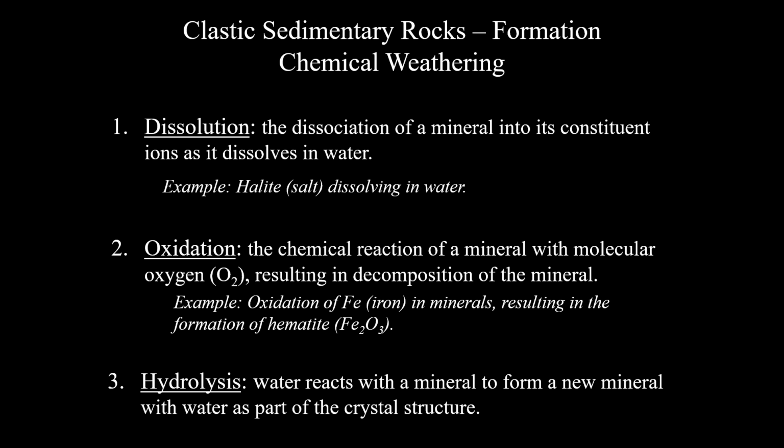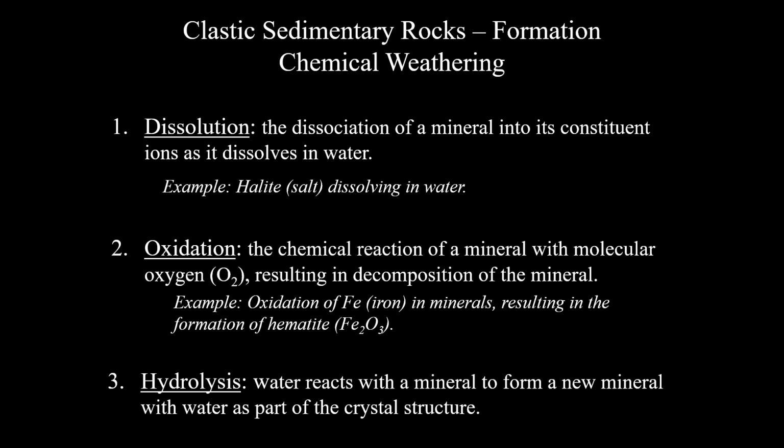Oxidation. This is the chemical reaction of a mineral with molecular oxygen. This is essentially rusting. If you've ever had an older vehicle and maybe had a paint scratch on it, the body of most vehicles is made out of steel. Steel has a very high component of iron.